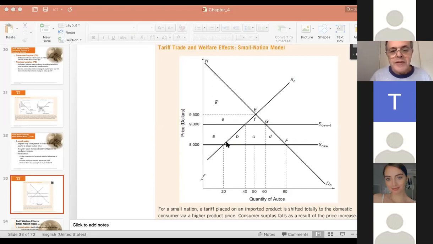Why? Because these producers could have used those resources in producing something else that they are efficient in, and they could have made a lot more than producing something that we could have gotten from overseas at a much lower price. So this triangle is simply finding the difference between producing these 20 quantities at home and producing them overseas. Does this make sense?